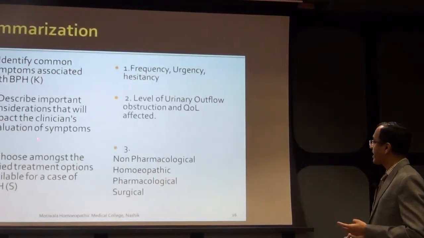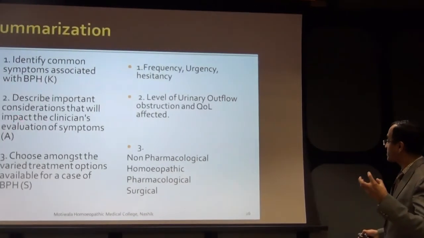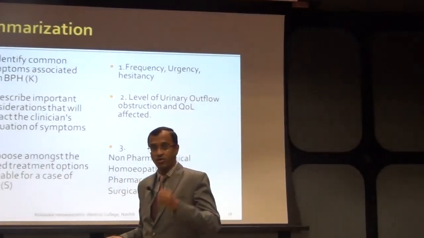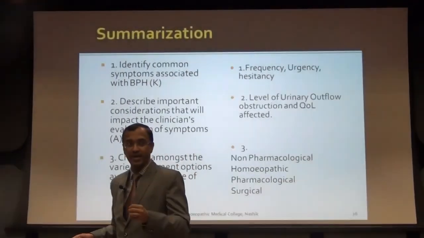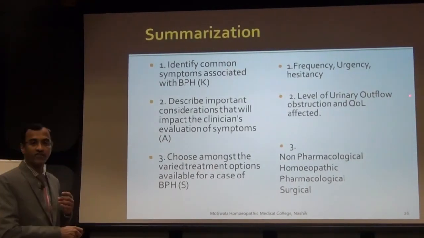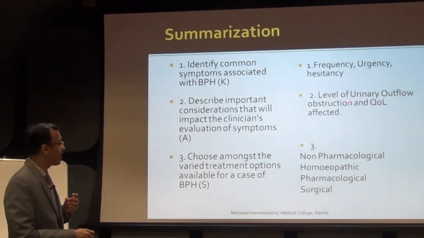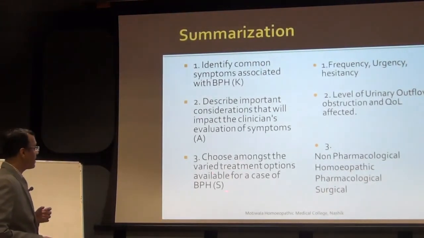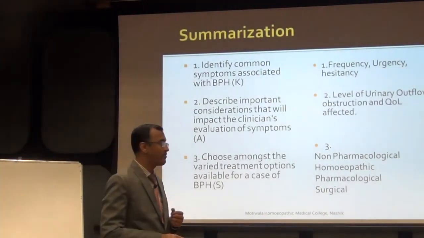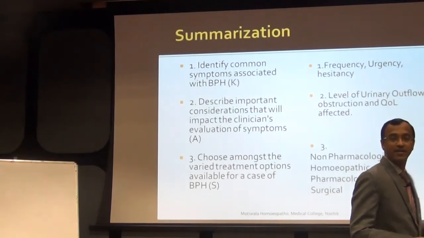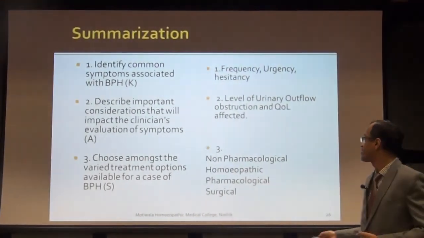If one needs to understand the level of evaluation of symptoms, finding the lower urinary tract symptoms will help us to diagnose the quality of life which has been affected, along with the urinary outflow obstruction symptoms. The various treatment modalities available will be non-pharmacological, homeopathic, pharmacological and surgical.